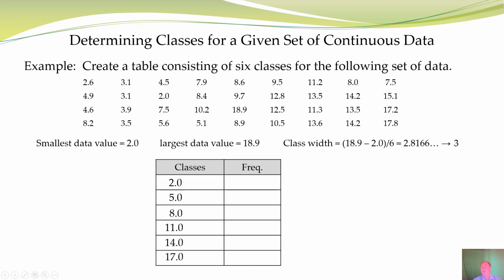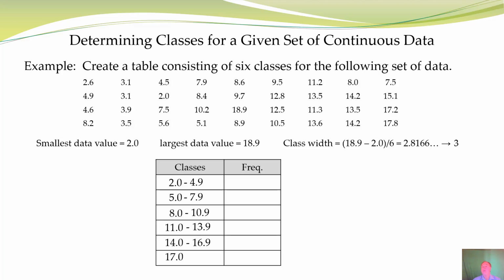Now the upper class limit is one less than the lower class limit of the next class. So in this case, the first class would end at 4.9. Since everything was in one decimal place in our data set, we're going to use one decimal place. So then the second class would be 7.9, 10.9, 13.9, 16.9. Now how do we get the last upper class limit?